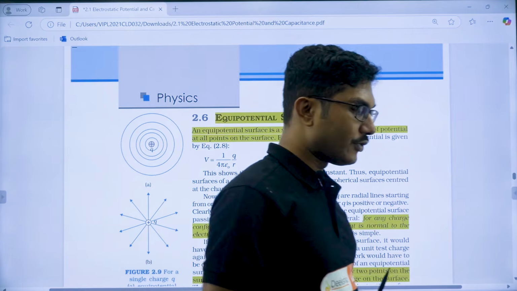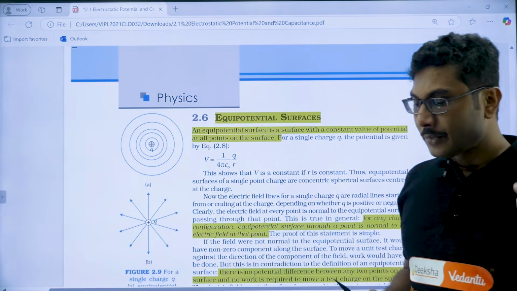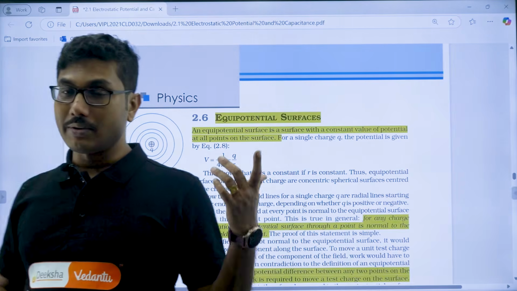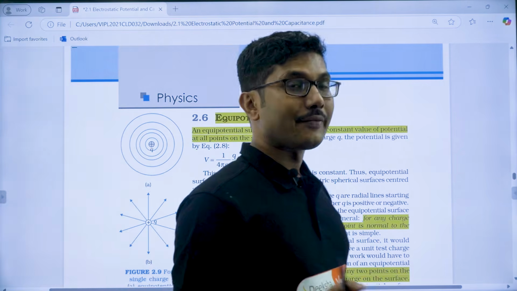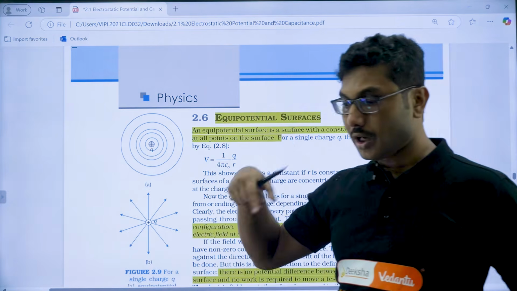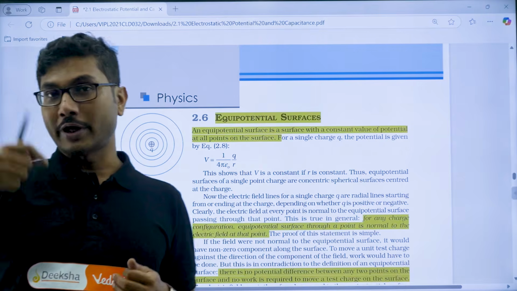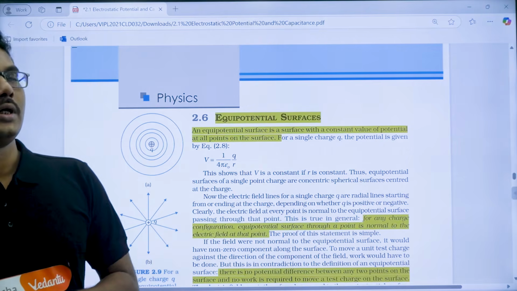If you have studied the curvilinear coordinate system, with ellipse, hyperbola and parabola, there the definition starts with locus of this, locus of that. Locus means if you join all the points, that is the locus.